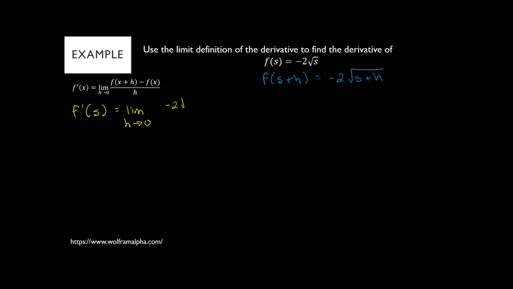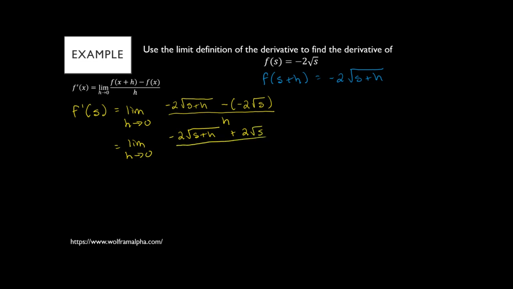And we have -2 times the square root of s plus h minus -2 square root of s, all over h. So if we're subtracting a negative, that will actually give us adding. So we have the limit as h goes to 0 of -2 times the square root of s plus h plus 2 square root of s, all over h.